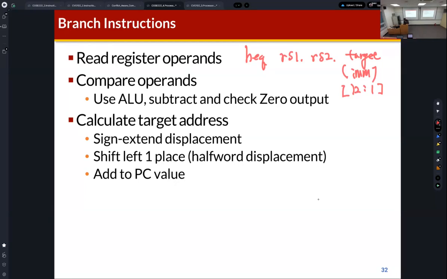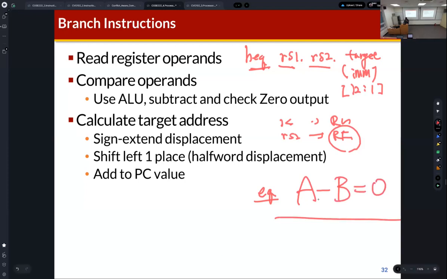So for performing the branch instruction, we need to read 2 source registers from the register file. RS1 is given to the register file, and then RS2 is given to the register file also. Then we can get 2 register operands. Then we need to check the equality. How? If A minus B equals 0, then it means A equals B, right?